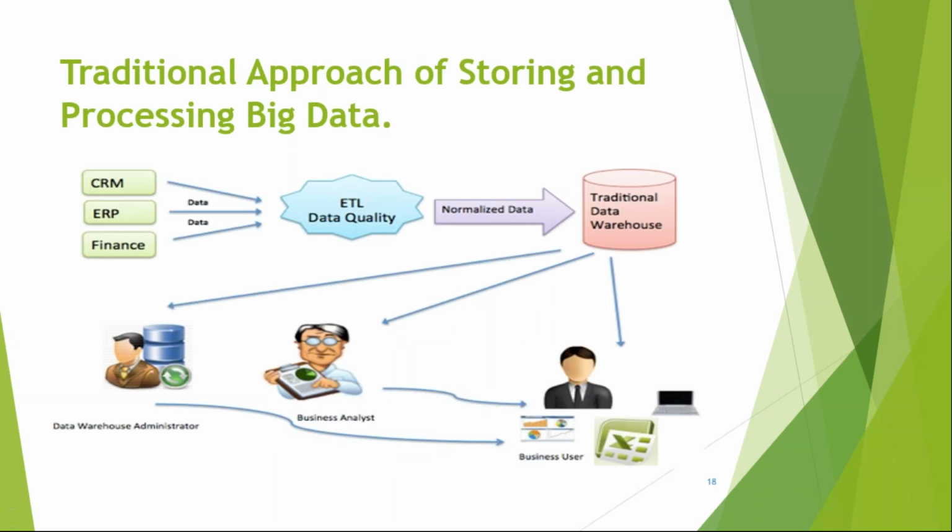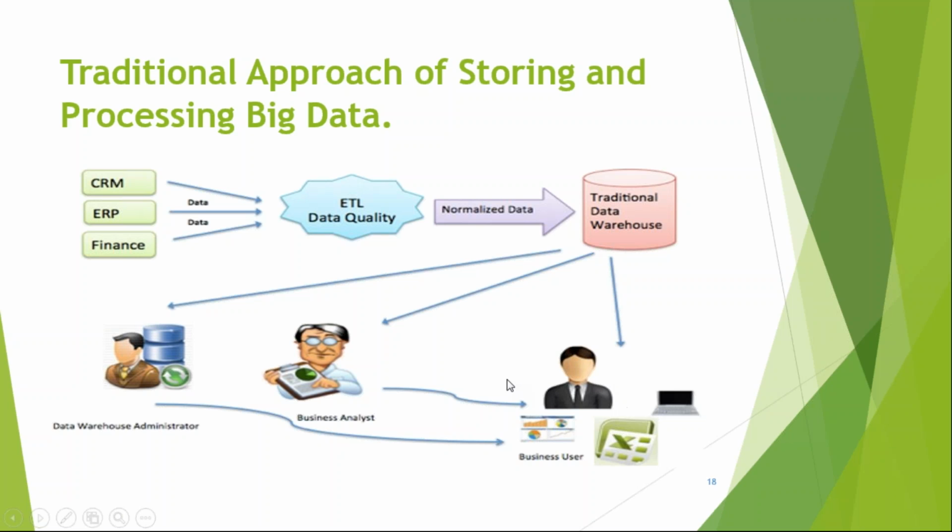So this is the traditional approach. How did the traditional approach work? We have different sources from where the data is coming. The data goes through an ETL process, and it is normalized and stored in a data warehouse system, where the traditional data is located. From the data warehouse system, we have different processors, not shown in this diagram, and the data is processed and we get the reports.